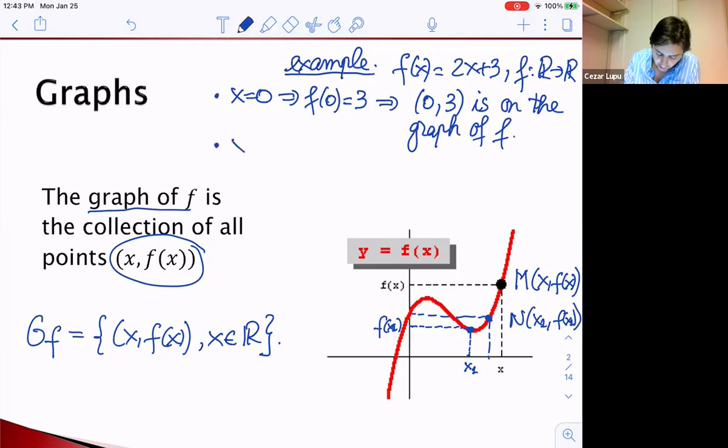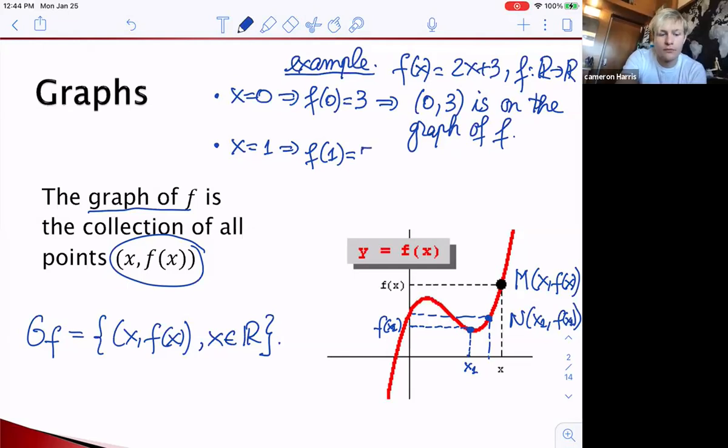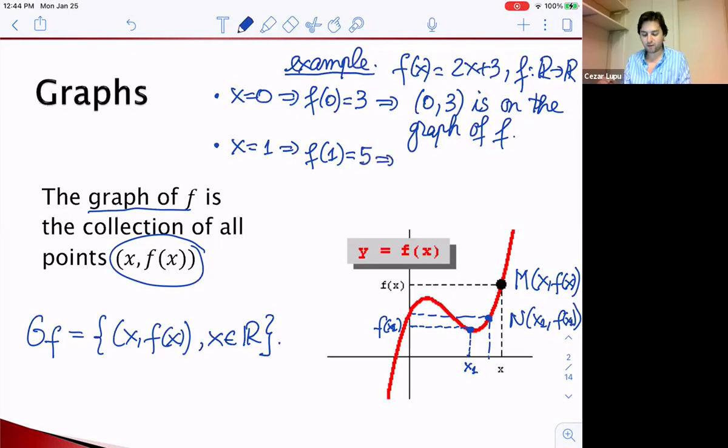For example, if you have x equals 1, f of 1 will be what? Can you tell me? So f of 1 is? 4? All right, 2 plus 3 is 5, so f of 1 is 5.